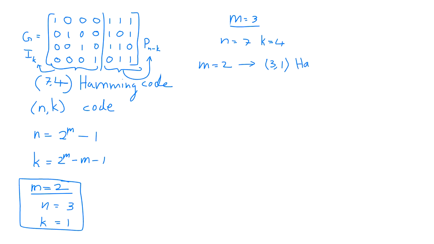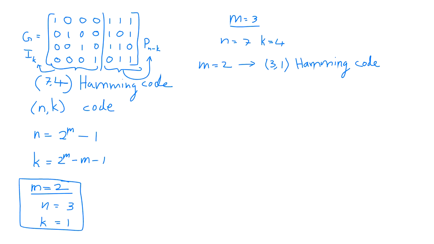Excuse me for my handwriting because I'm writing with my mouse, so it becomes a bit tricky. So for m equal to 2, a 3-1 Hamming code. That means we have the value of n to be 3 and k to be 1.